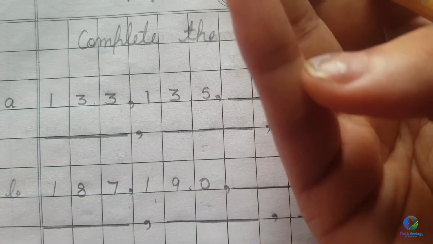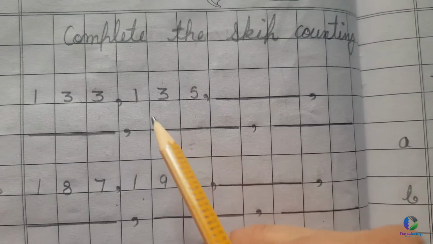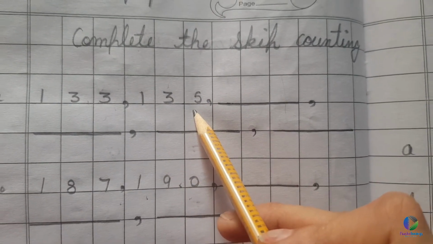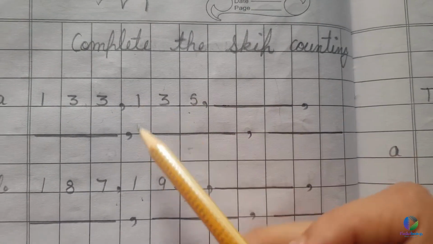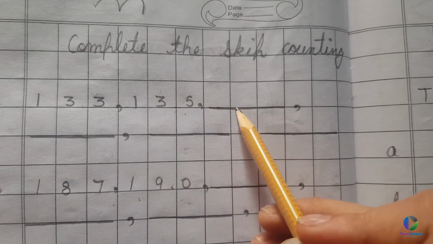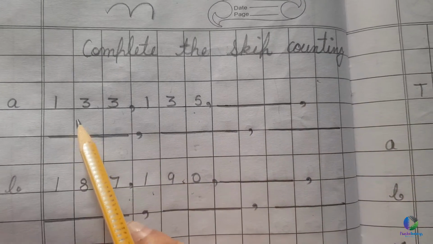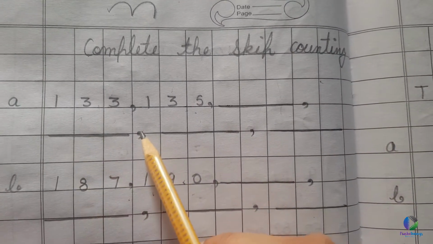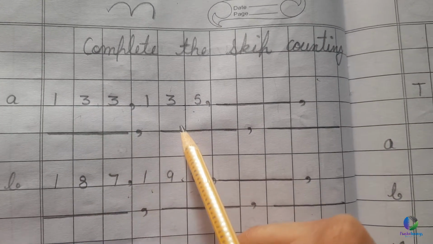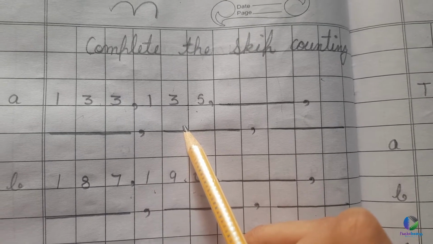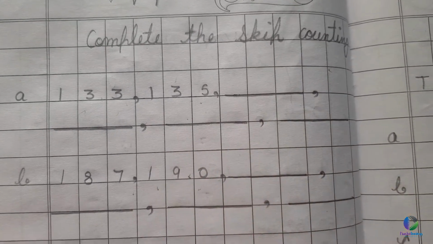Okay, and 135. That means it is a skip counting in 2s. So you will be completing it as 136 leave, then write down 137, then 138 skip, then 139, then skip 140, write 141, and so on, 143.